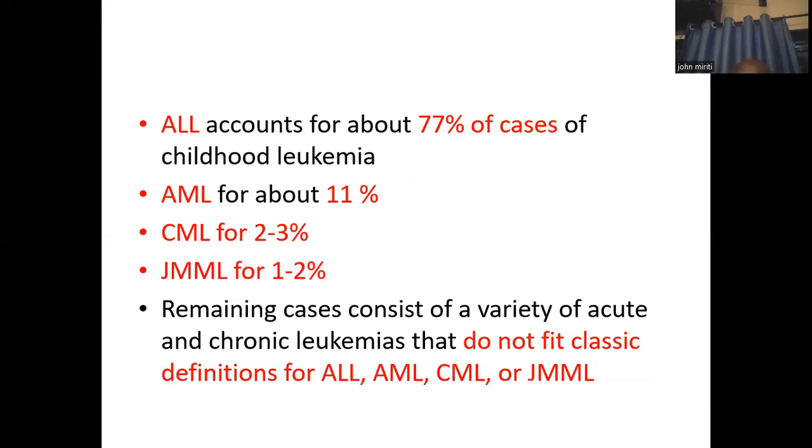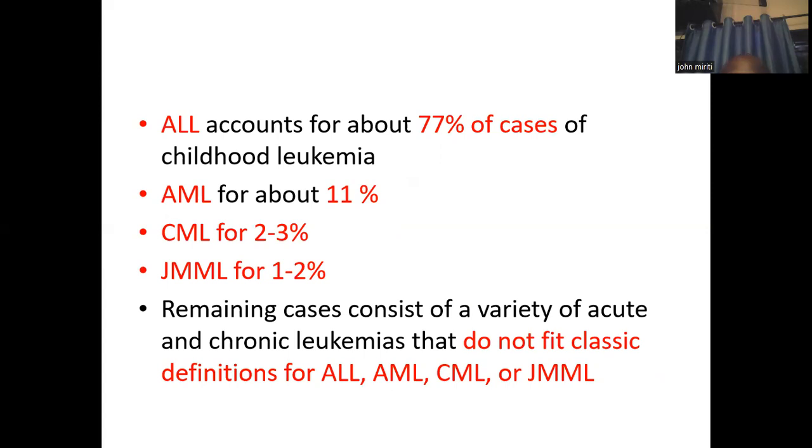So acute lymphoid leukemia accounts for around 77% of all children with leukemia. You can see that acute lymphoid leukemia is very common, accounting for more than three quarters of these cases, so it's a very big problem. Then we have acute myeloid leukemia, which accounts for 11%, then chronic myeloid leukemia for around 2 to 3%, and juvenile myeloid leukemia for 1 to 2%.